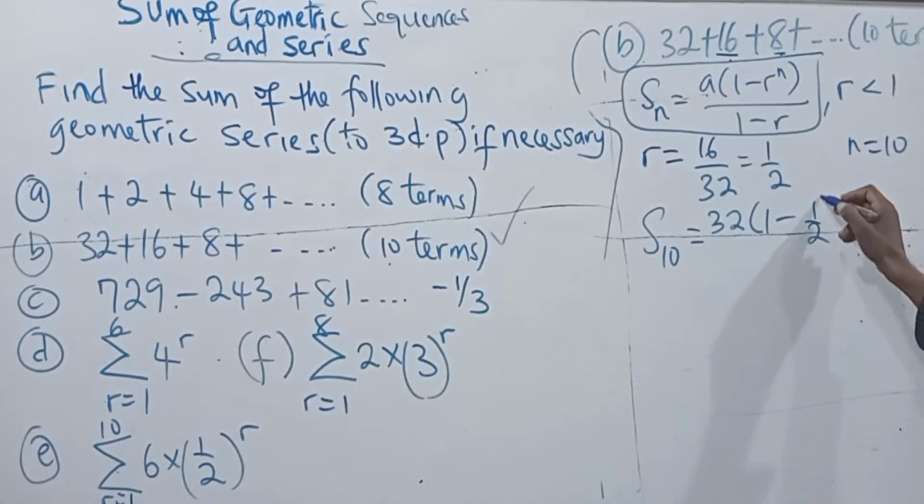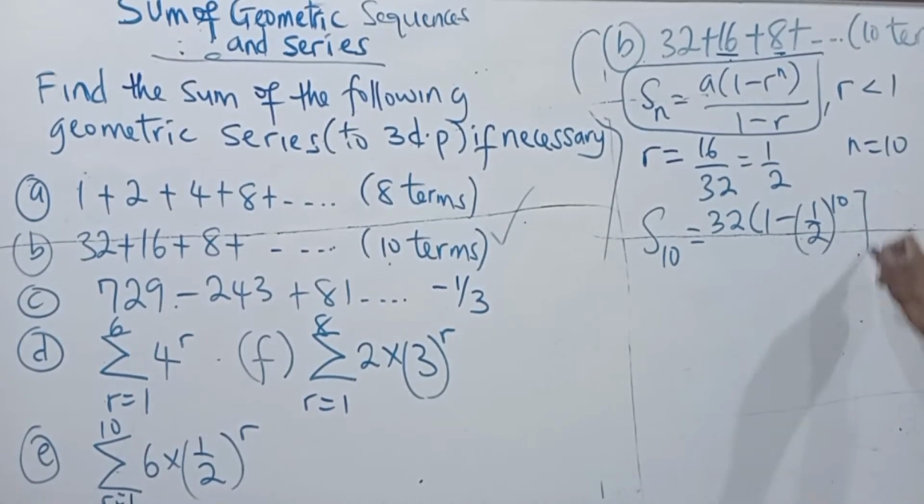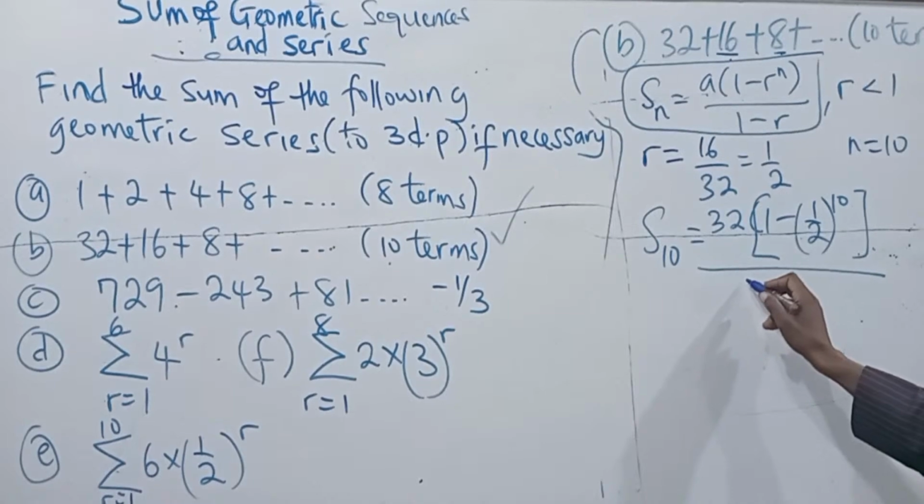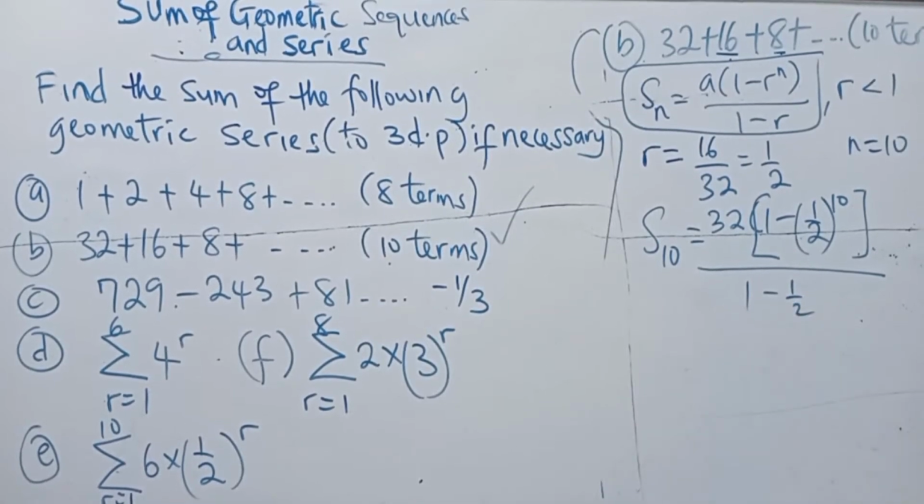So 1 over 2 to the power 10, all over 1 minus r, 1 minus half. So that's what we have in that case.